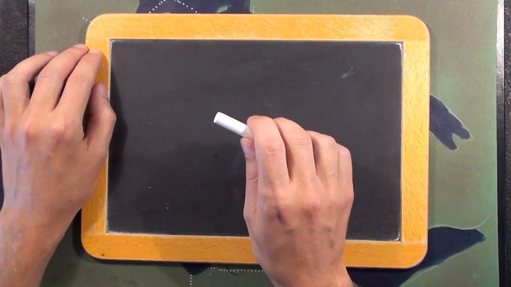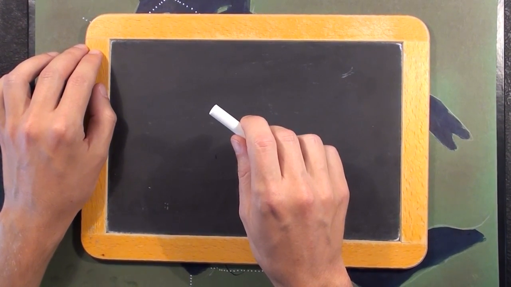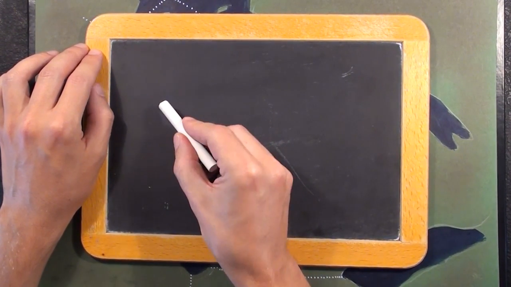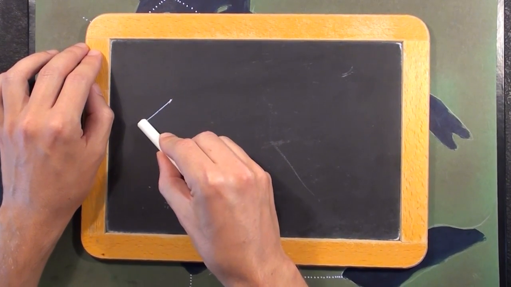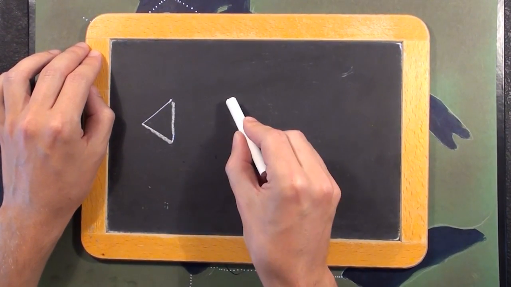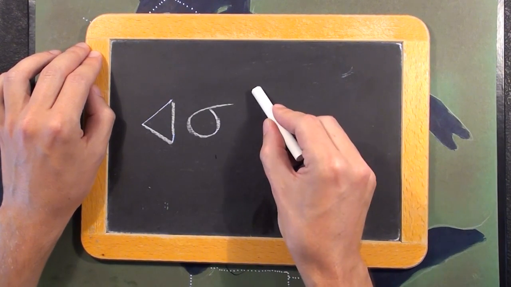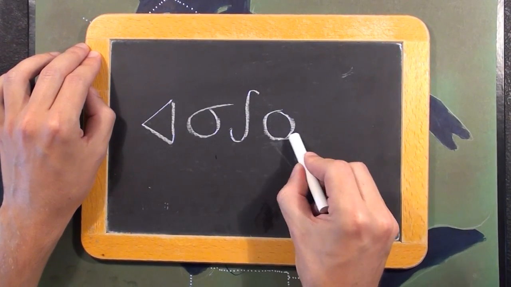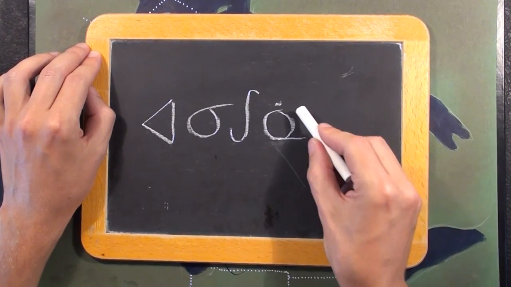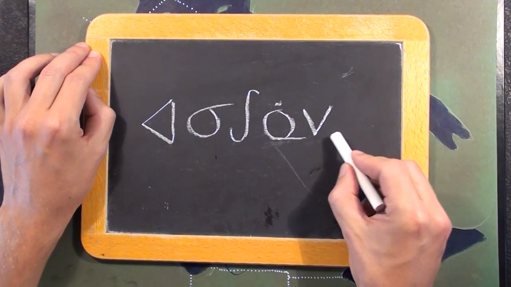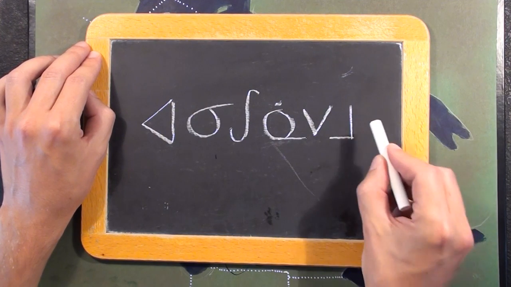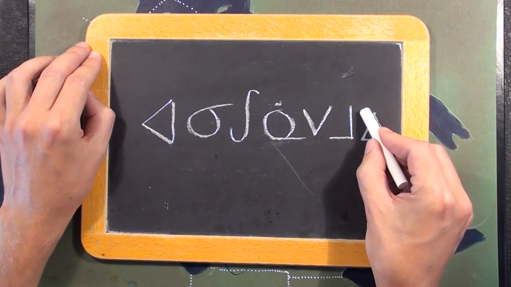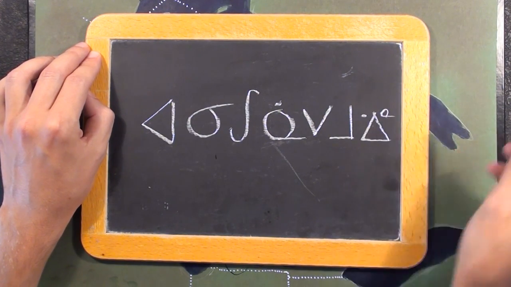So just like in, for example, the Japanese hiragana and katakana writing system, it consists of syllables. So here I'm going to write a word. A, ni, shi, na, pe, mo, win.